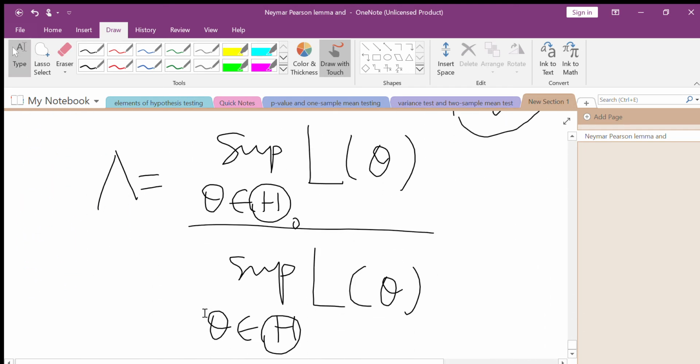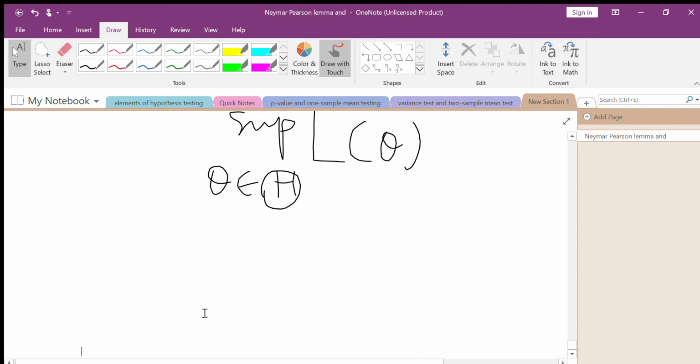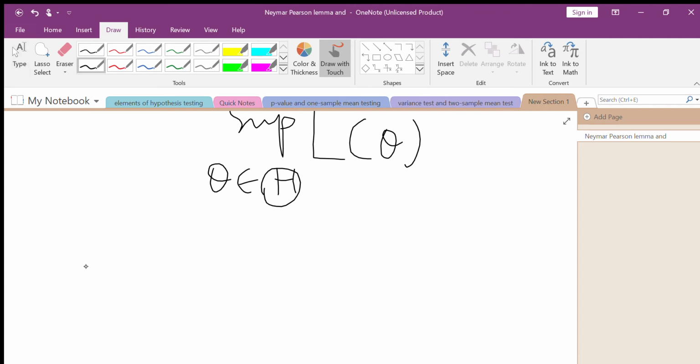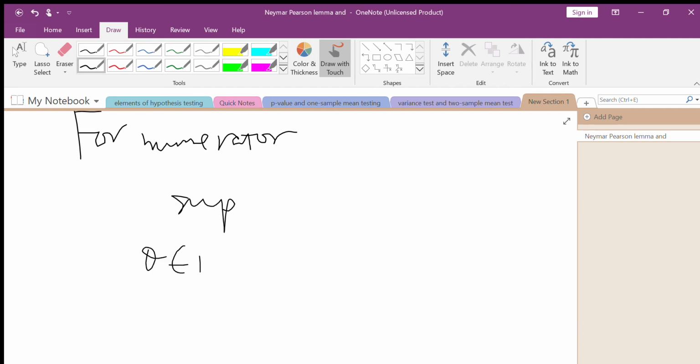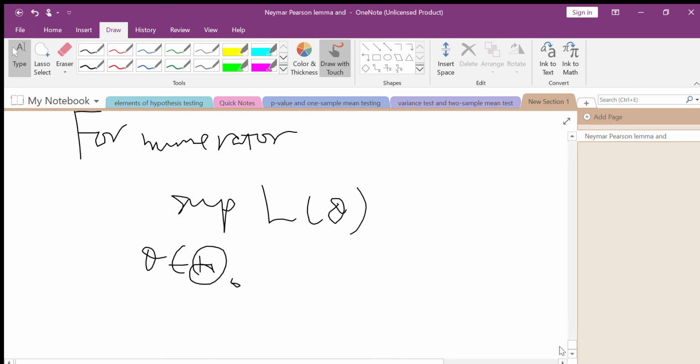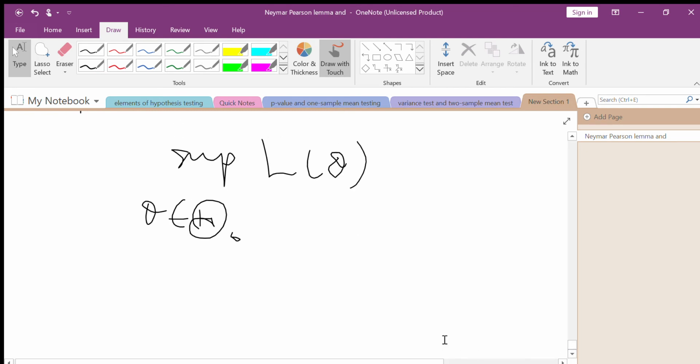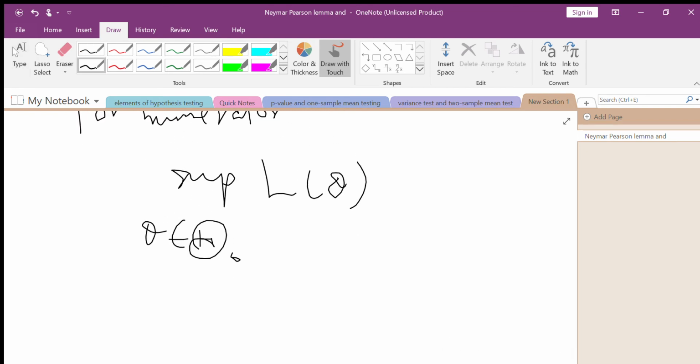Okay. So let's first find the numerator. The numerator is sup over theta from theta 0 of L(theta). In our case, theta has two parts, one is mu, one is sigma squared.